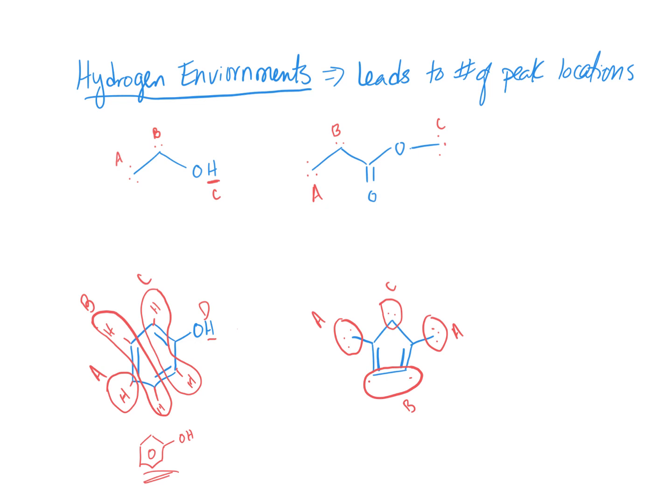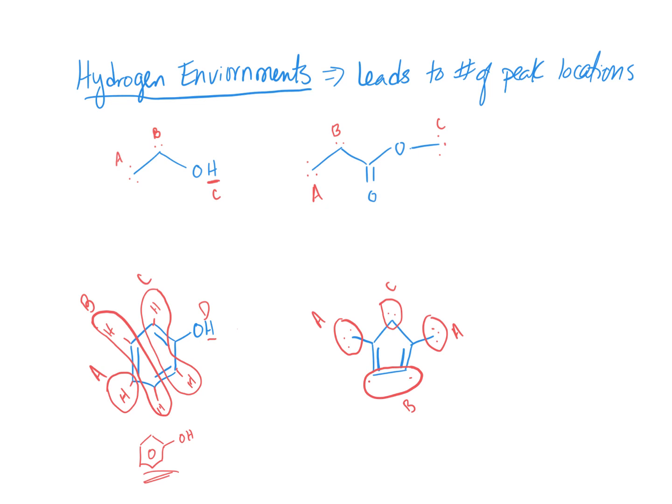Realistically, a lot of times those peaks will overlap each other. I'm going to show you an example where they kind of look like they're overlapped, but if you zoom out a little bit, you can sort of see that they're defined on their own account. But oftentimes those do tend to run together. Luckily, when it comes to the peak location in a benzene, you can tell where those are located pretty easily.